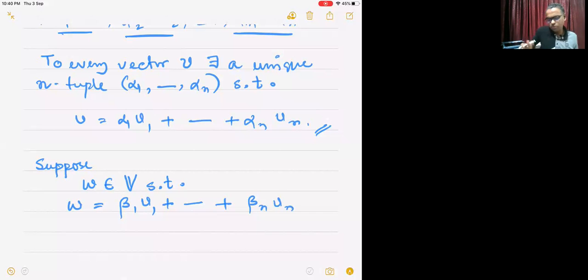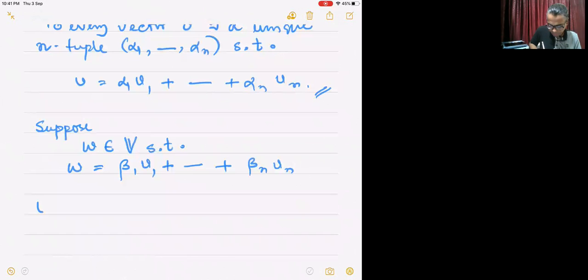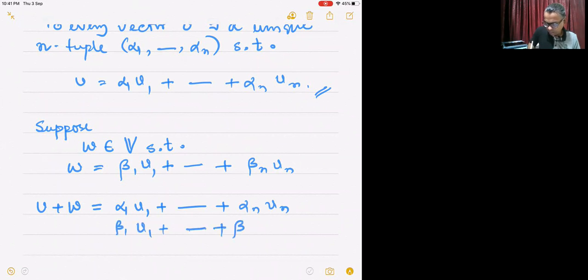Because for every vector there is a unique linear combination. Suppose w is another vector, so I'll have one more linear combination like this. Notice that if I do v plus w, that is vector addition of two vectors, what do I get? I get alpha 1 v1 up to alpha n vn and here I have beta 1 v1 plus ... up to beta n vn, right?